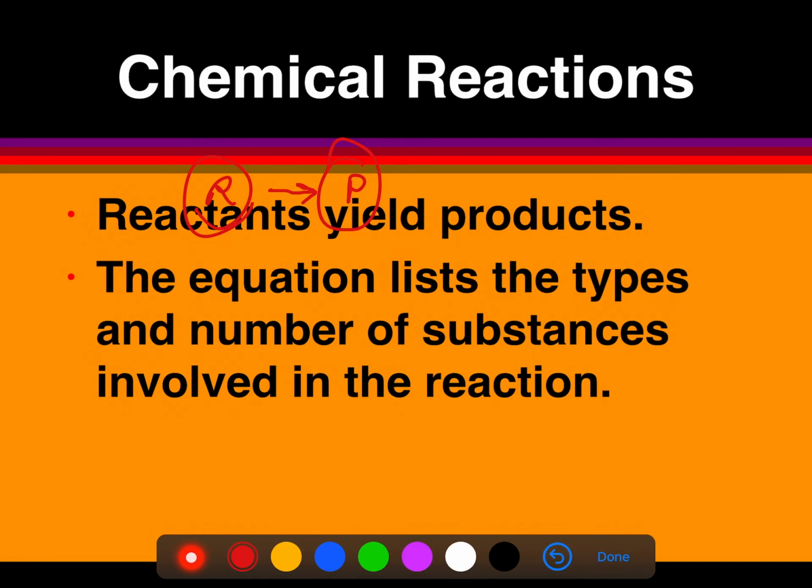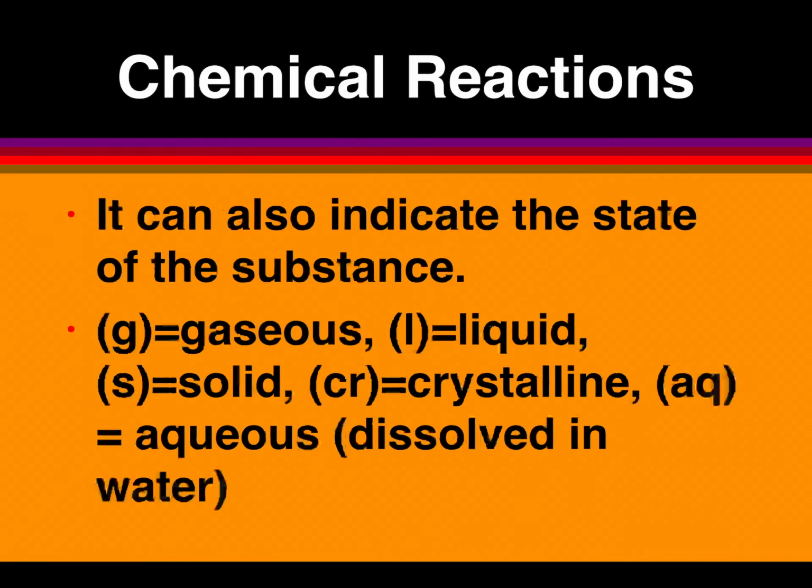What it is, it describes what you have in the beginning, and it describes what you have in the end, but it doesn't tell you how we get there. The pathway by which we get there is something called a reaction mechanism, and we're going to talk about that in the fourth quarter of this course. So for now, we're just concerned with the beginning and the end, and we don't care how we get there.